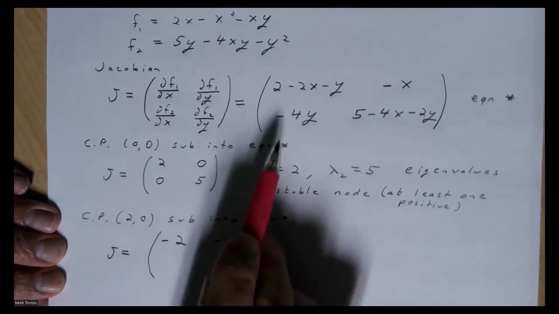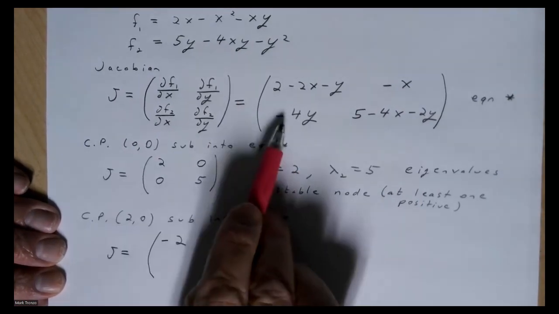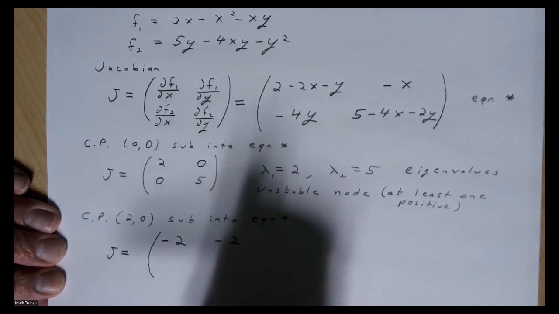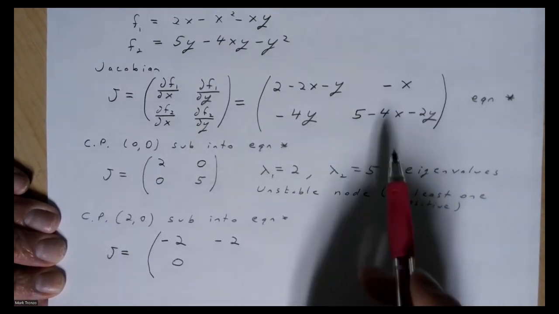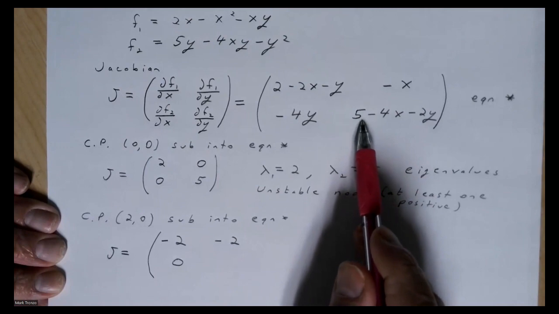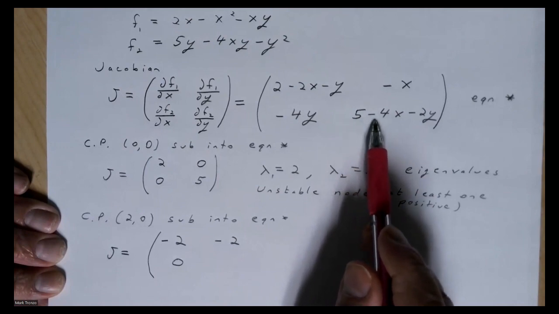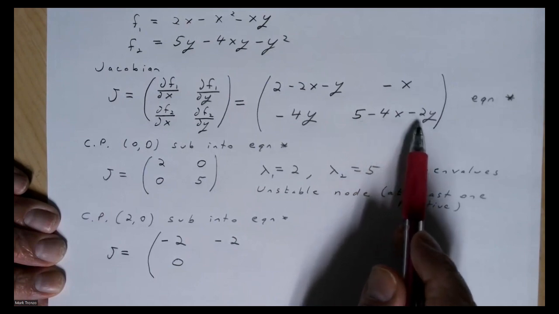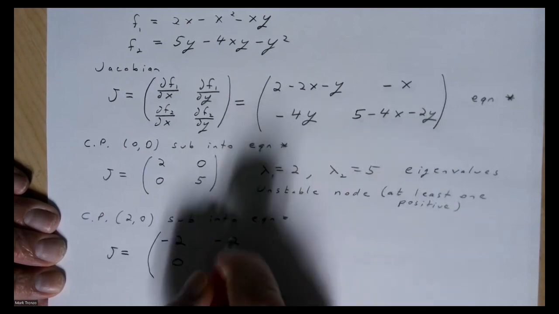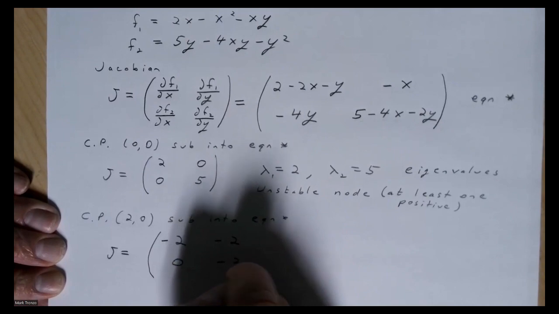And down here, y is 0, so that's going to give us 0. That's nice. And then over here, we're going to have 5 minus 8 minus 0, which is minus 3.